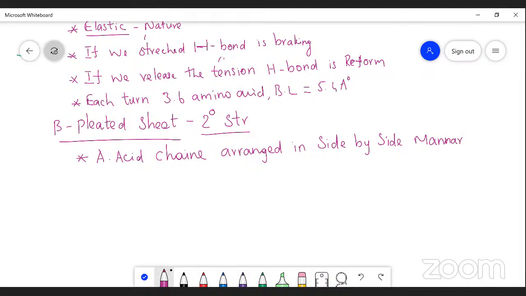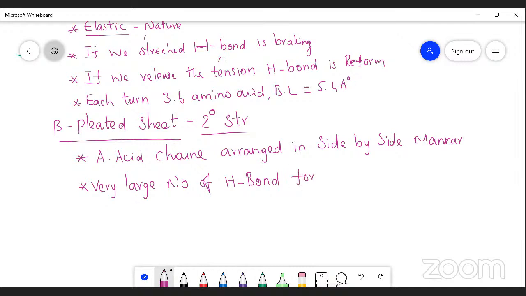And here, a very large number of hydrogen bonds are formed in the beta pleated structure.